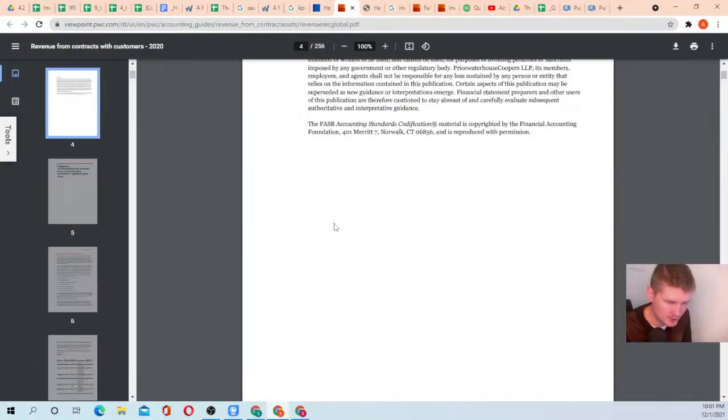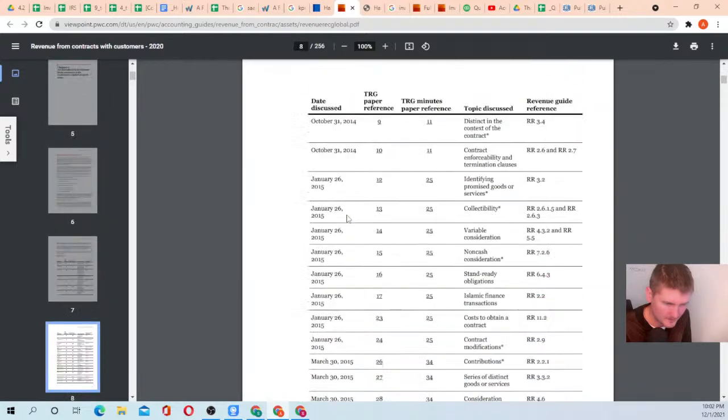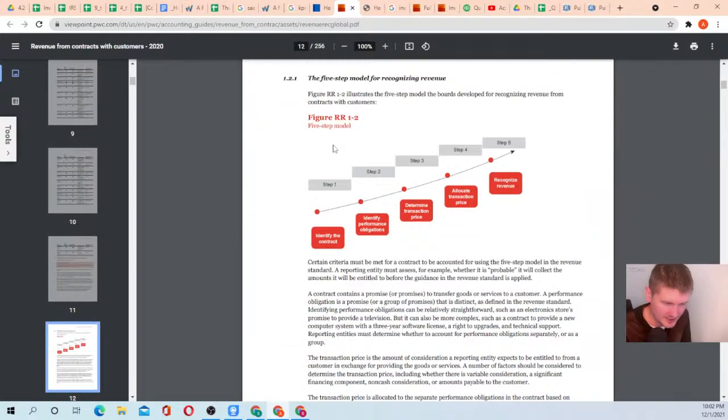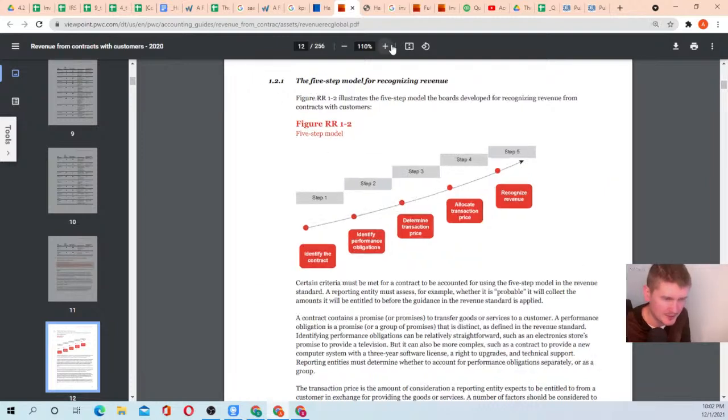Revenue recognition. Let me remind you that revenue recognition is a five-step process. First you identify the contract, then you identify performance obligations. Basically, performance obligations is what you promised to do in the contract.